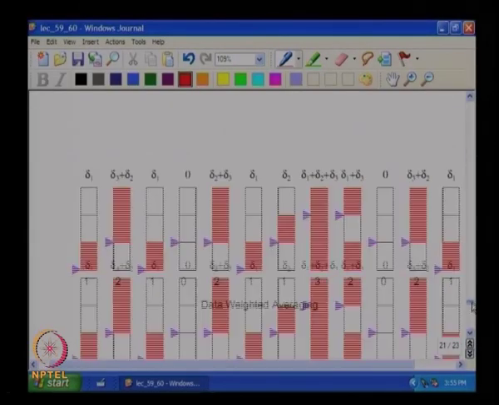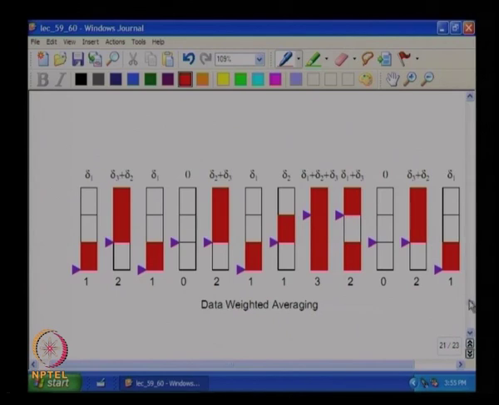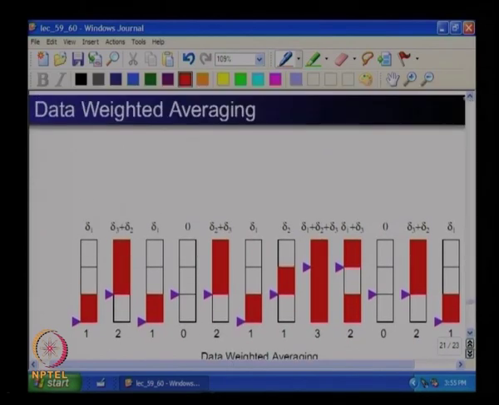Now, a very popular algorithm which is slightly different is what is called data weighted averaging, okay, and the idea is this. So, the pointers for the individual levels are done away with, okay.